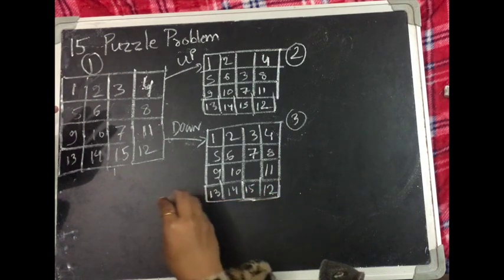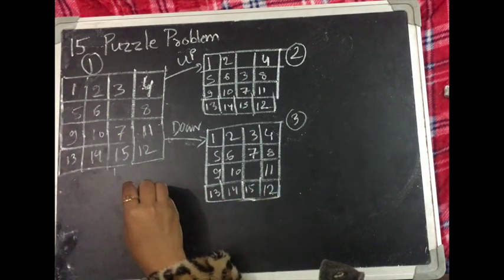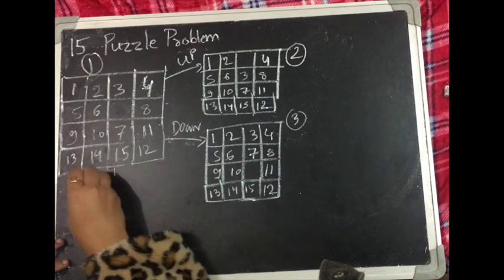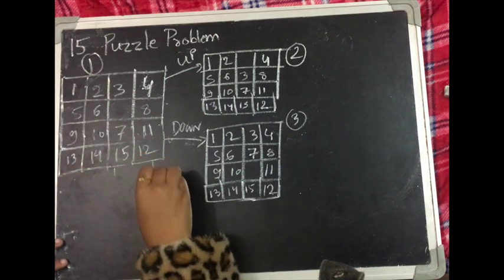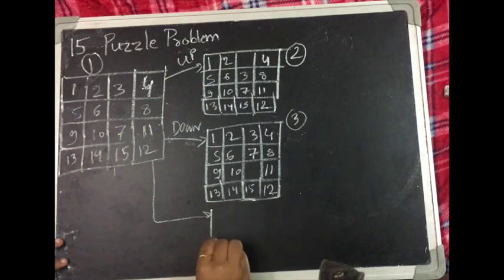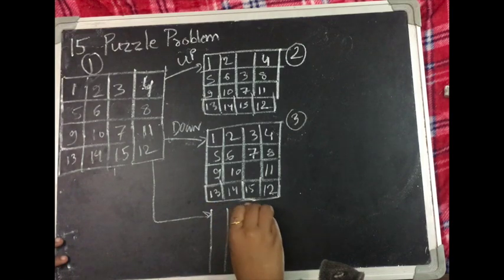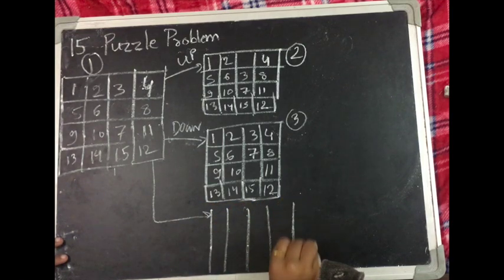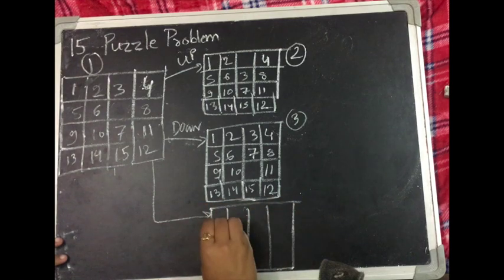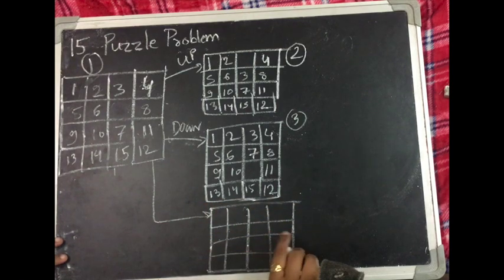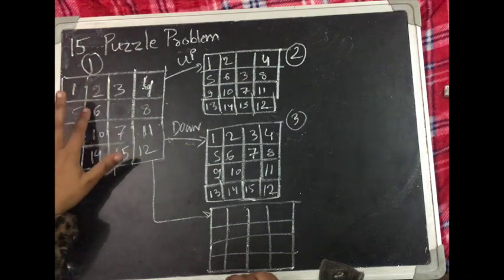Now the next move is left. So when I make it for the left, left means this will move to this side.